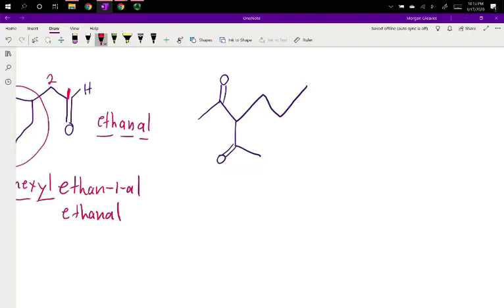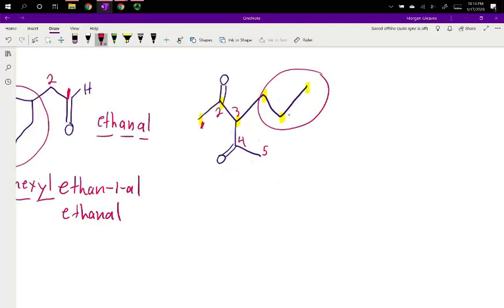So even though I could in theory say 1, 2, 3, 4, 5, I could have a 6 carbon long chain. Well, the reality is the only way to hit both ketones is to pass this shorter chain. So 1, 2, 3, 4, 5, or we could have said 1, 2, 3, 4, 5. Either way, the 2 and the 4 are where my ketones are, and the 3 is where my subgroup is.